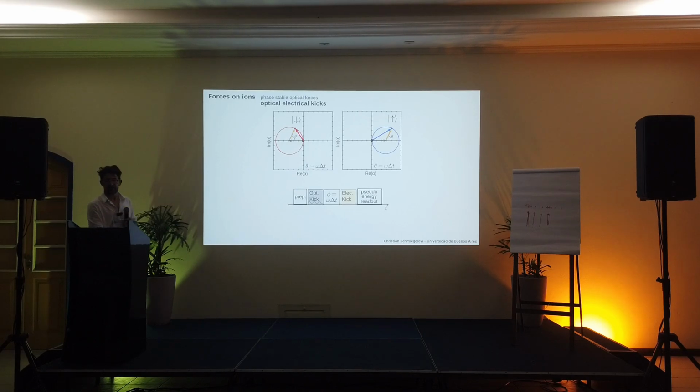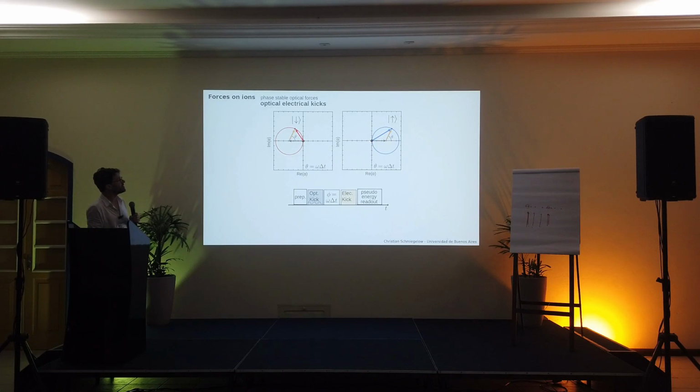And what we did with this was something kind of curious. We started doing it because we were interested in what we call phase locking these kicks. To do that, we combined electrical kicks, so moving the voltage of one electrode, which moves the ion in one direction or the other, with optical kicks.